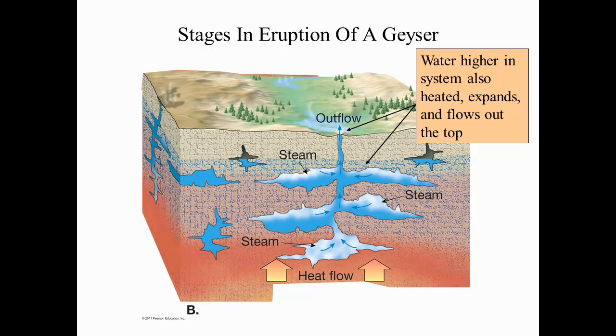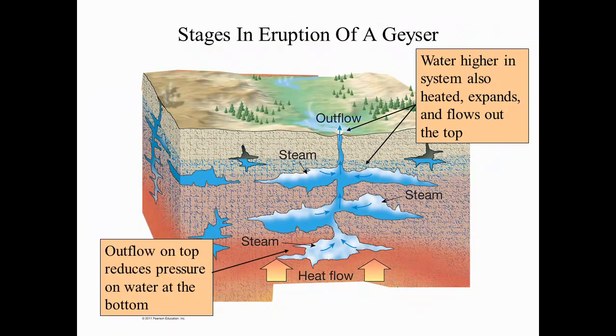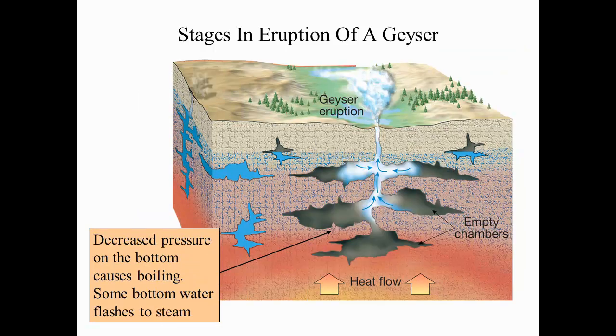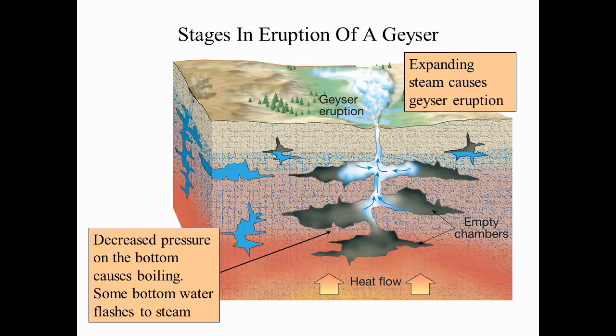From there, the water higher in the system is also heated, expands, and starts to flow out the top as outflow. The outflow at the top in turn reduces the pressure on the water at the bottom. This decreasing pressure causes boiling, and some of the bottom water flashes to steam, and that ultimately results in the geyser eruption.